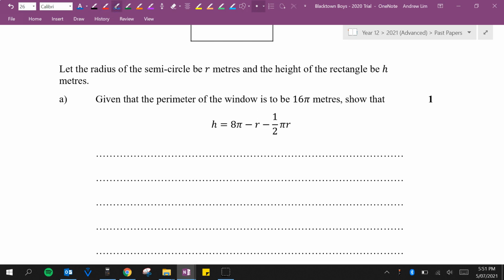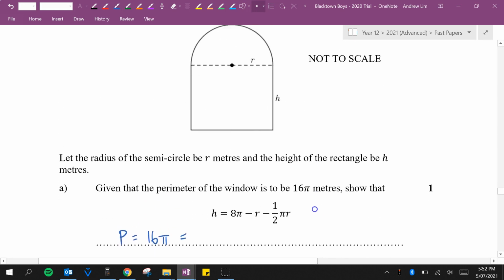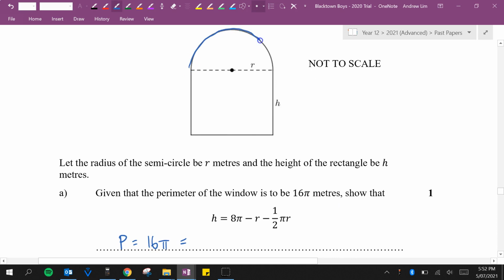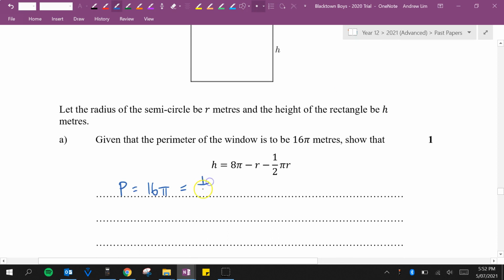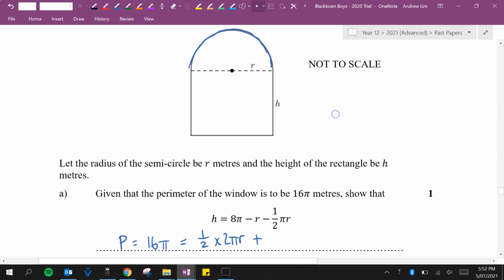Okay, so we know that the perimeter is 16 pi. And in order for us to work out this, we can see that we've got half a circle, so half of 2 pi r, plus we've got our height, another height, and then 2 lots of r.